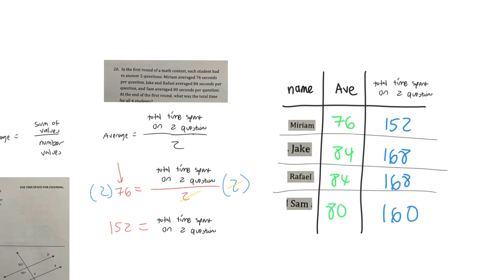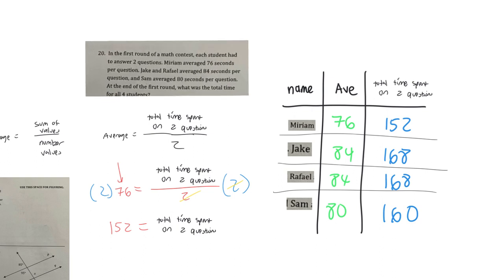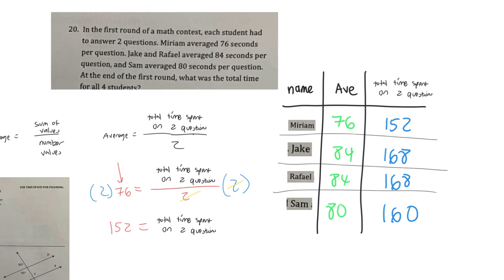Now, the question at the end of the day is asking, at the end of the first round, what is the total time for all 4 students? Well, this is the total time each student spent on the 2 questions. So if we want the total time spent by all students, of course, we would have to add these. And that's what we're going to do right now.